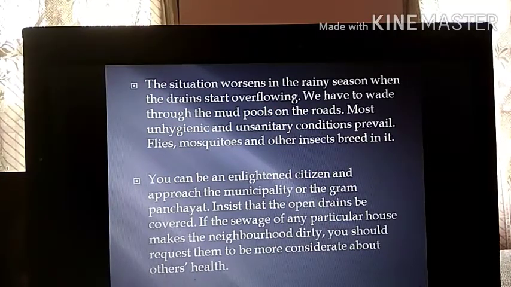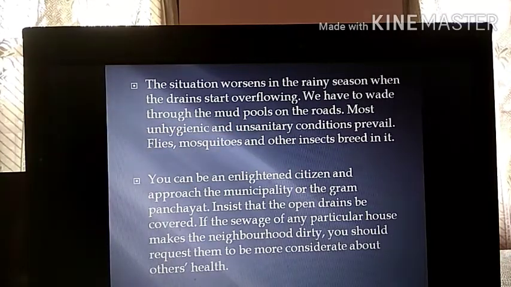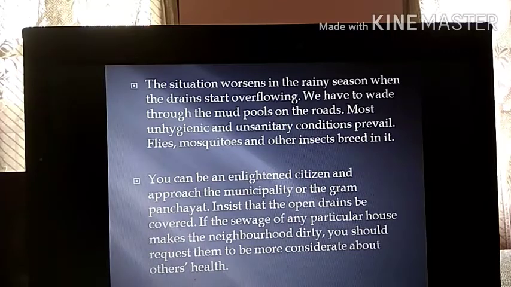You might have animal feces, human feces, plastic bags, polythene, and oils, all those kinds of things. So you have to walk through those. It is very unhygienic and unsanitary. So flies, mosquitoes and other insects breed in it. Definitely, wherever there are dirty conditions, these animals will breed.